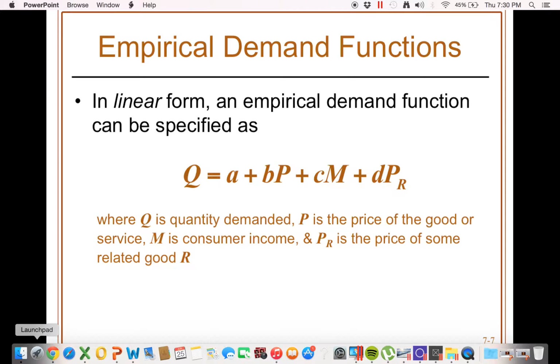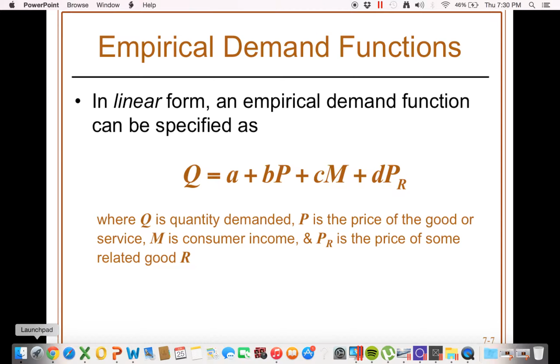So this is not necessarily too new for you, but in some ways this is still kind of new for us as a class, so it's good to go through it a little slowly. Just to reiterate, P here is the price of our good in question. M is your income.